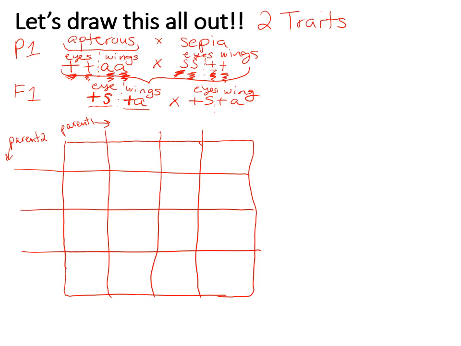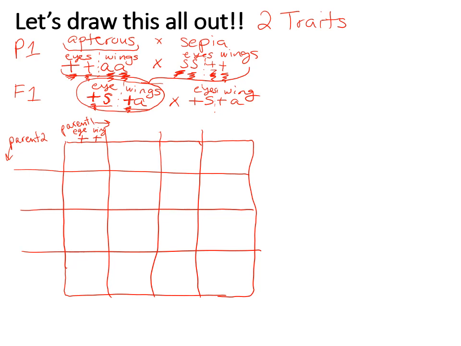And so each gamete that this parent makes must have 1 allele for eyes and 1 allele for wings, right? So we're looking at this parent. What gametes can it make? Well, 1 allele for eyes, 1 allele for wings. So the first gamete is plus plus.